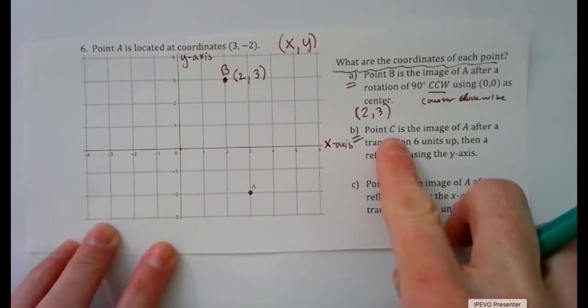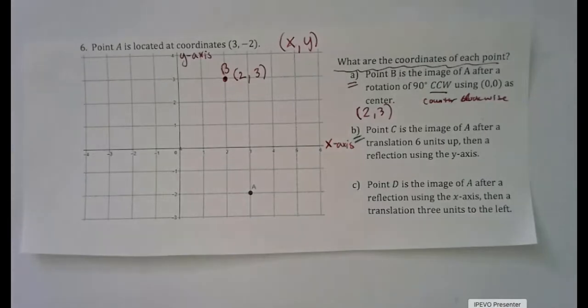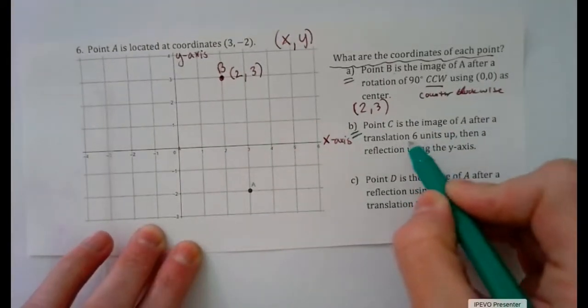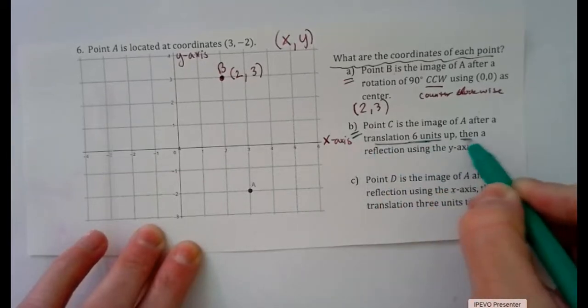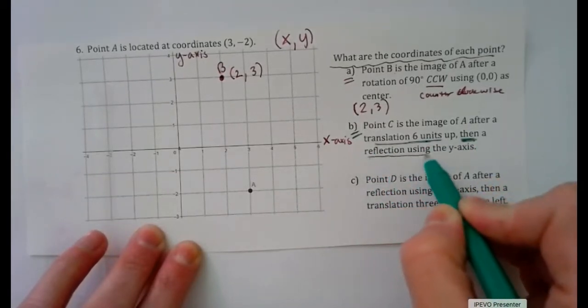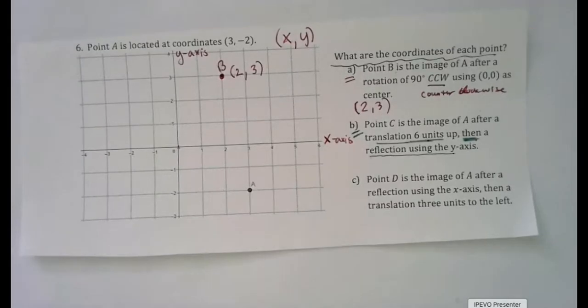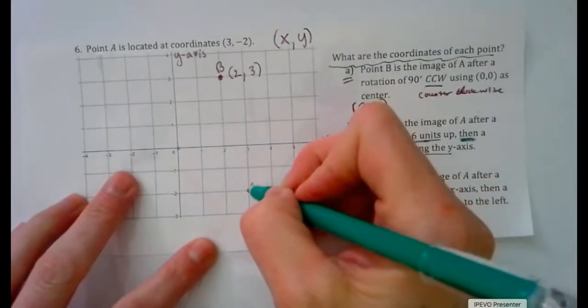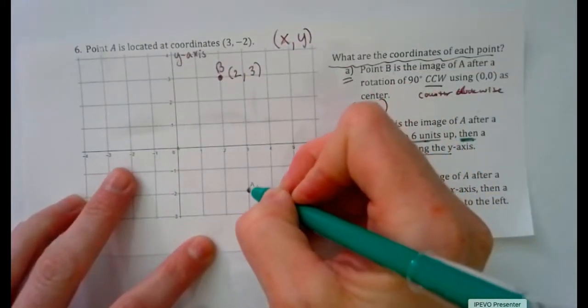Okay, let's look at B. Point C. Point C is the image of A after a translation 6 units up, then a reflection using the y-axis. Okay.